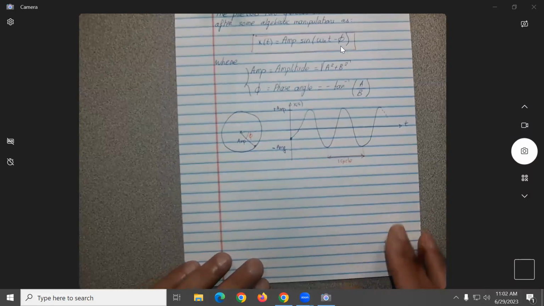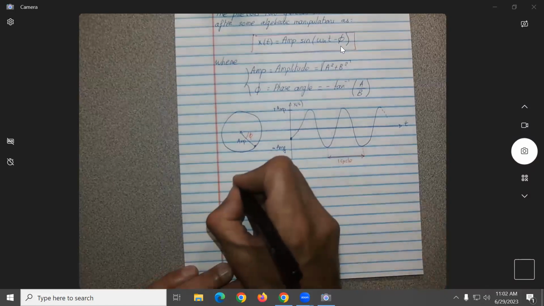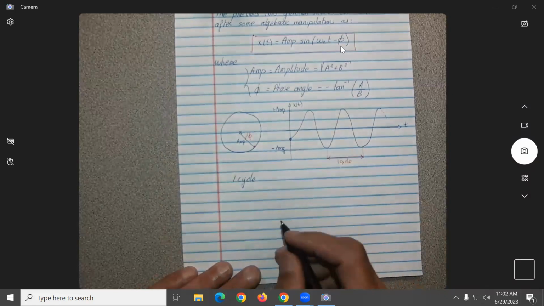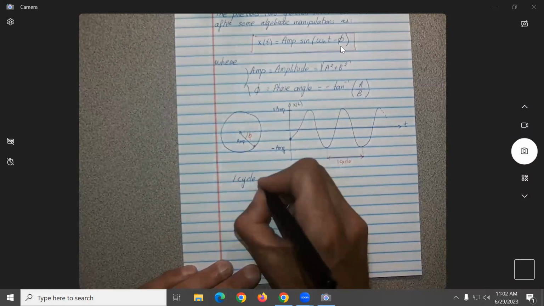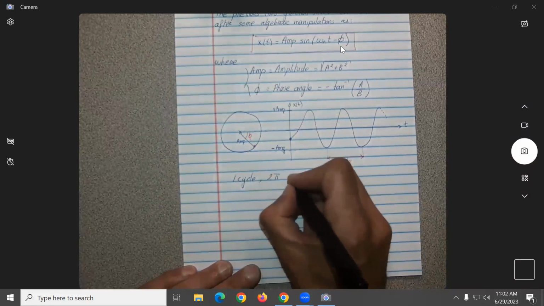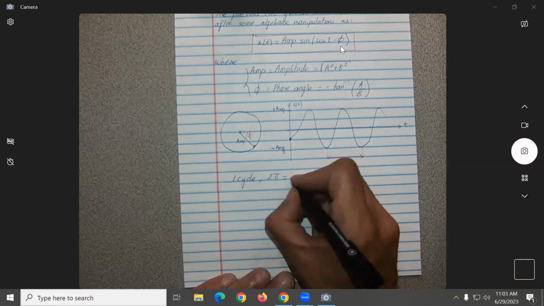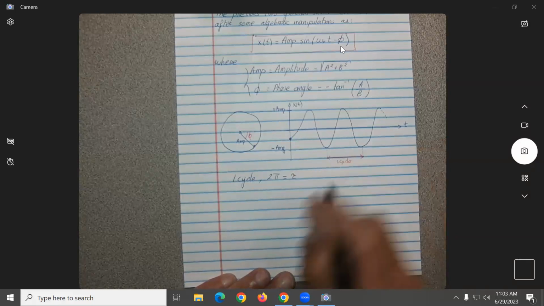Okay, so I don't know if we wrote that the other day, but let's say we're going to have one cycle. So it goes once around the circle. So it goes 2 pi. This is to go once around the circle. How long is that going to take? We see what's going to take. T was the period, no?